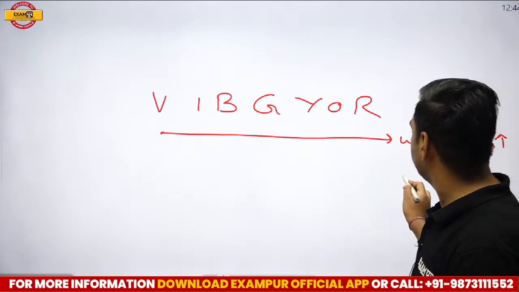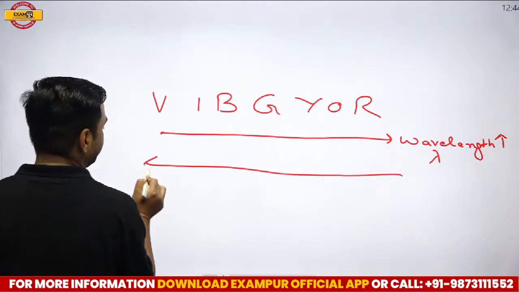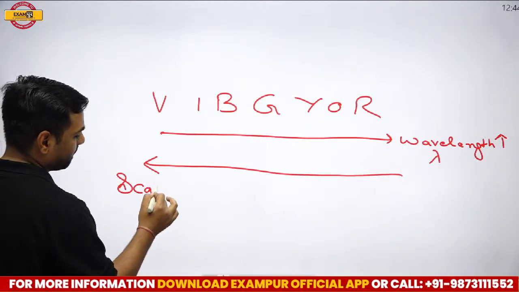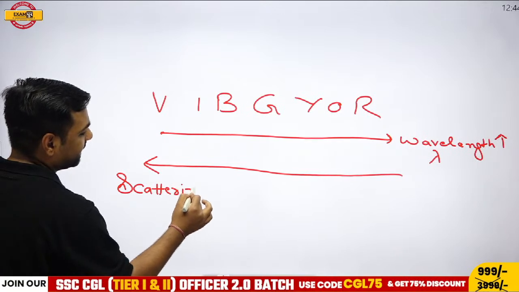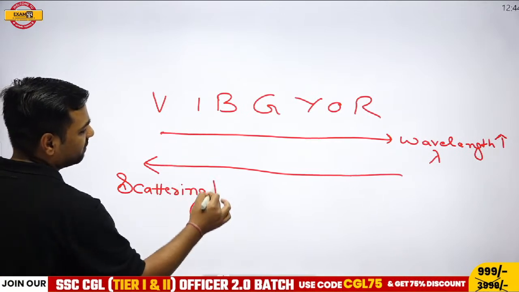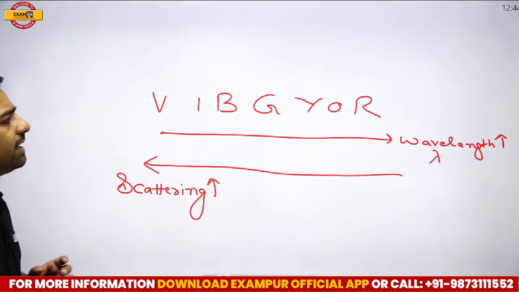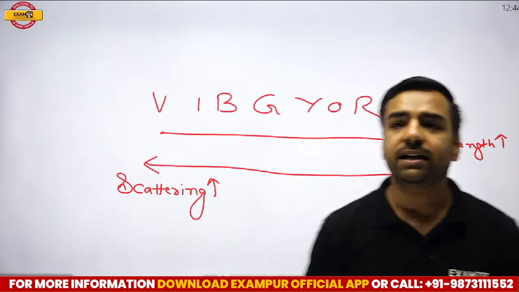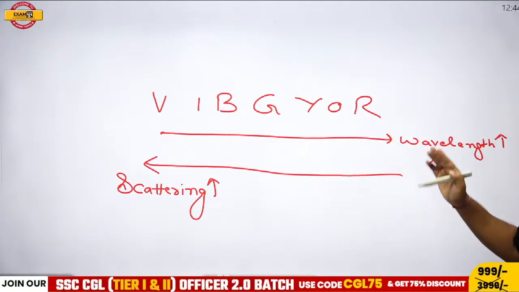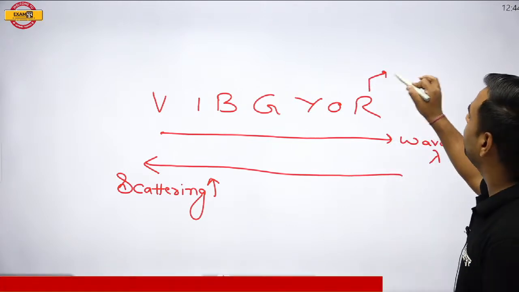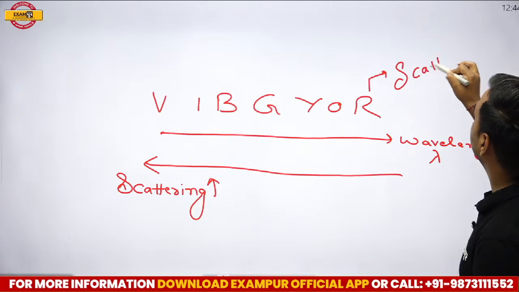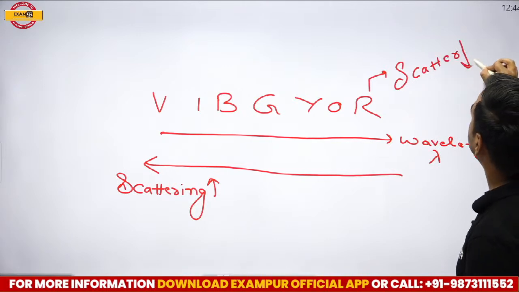The scattering is maximum for this violet light, and the wavelength is maximum for this red light, right? So this means red light will scatter the least.